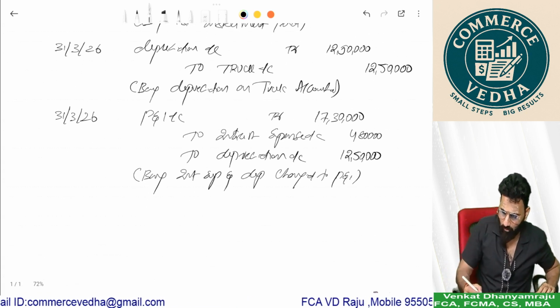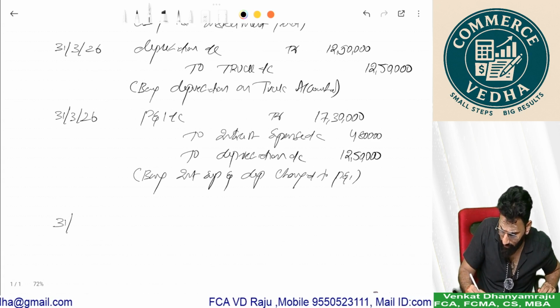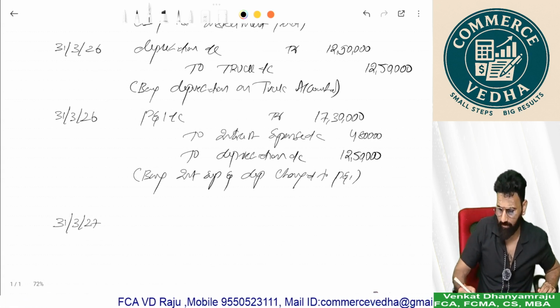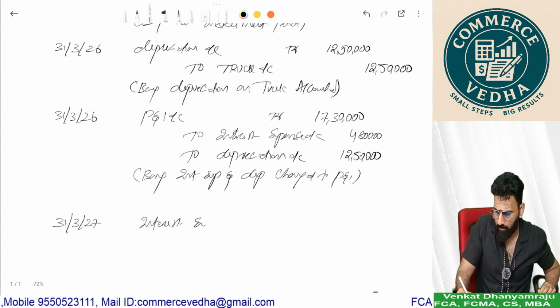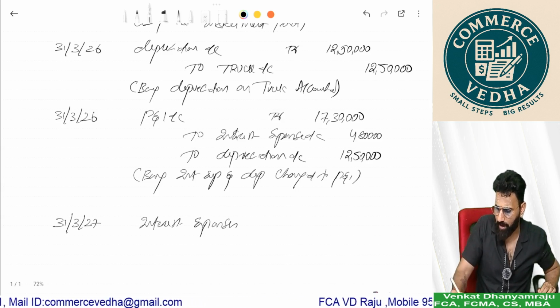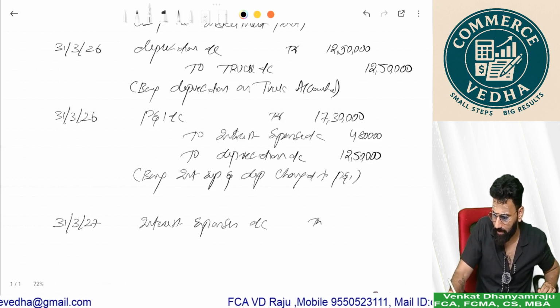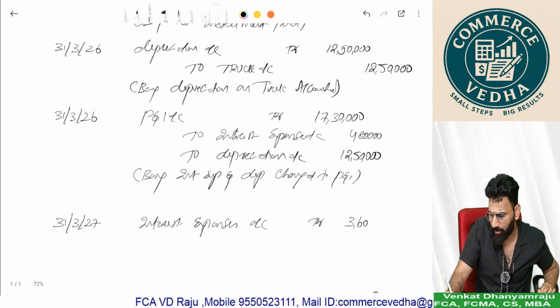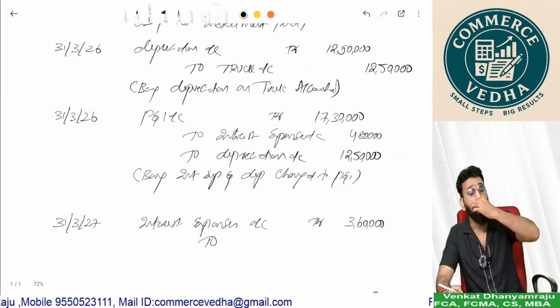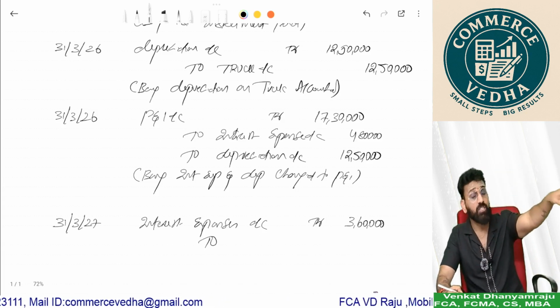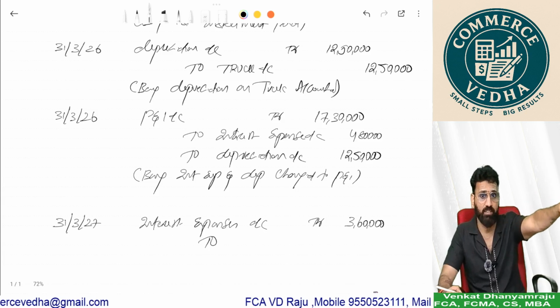Now second year, what shall we do? Which is on 31/3/27. Again, I should accrue my interest expense account debit. 360 is my interest. Instead of crediting to Tata Motors, because I created the total interest to Tata Motors in the first year itself.